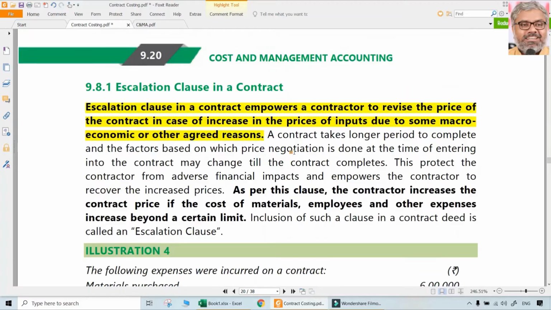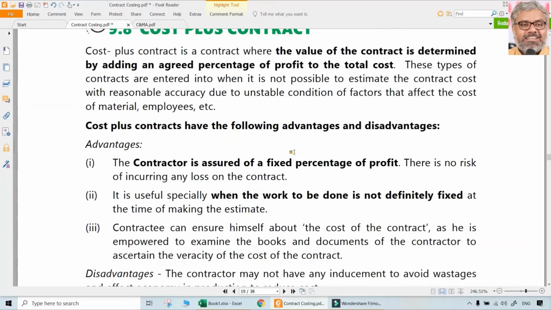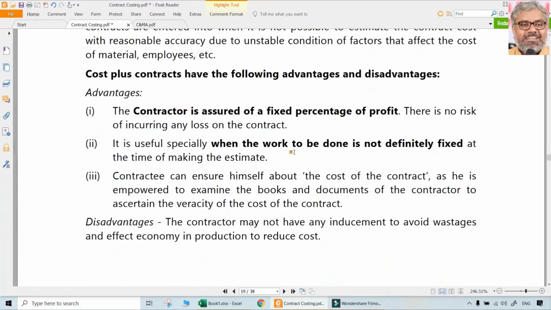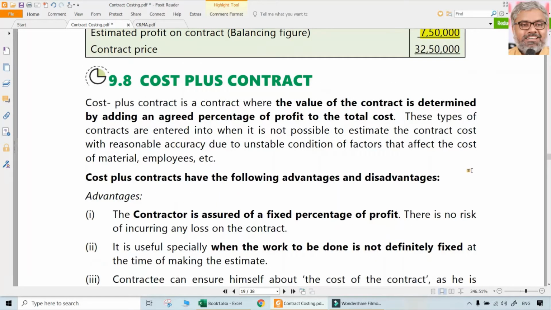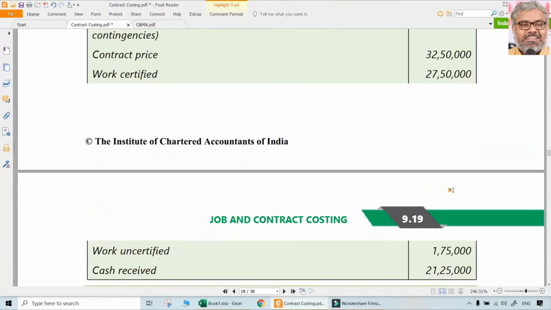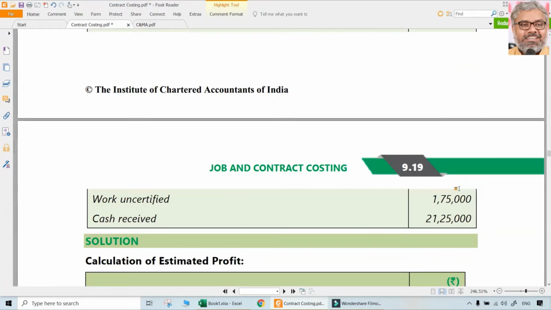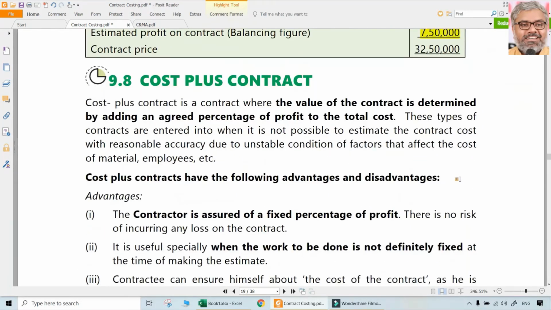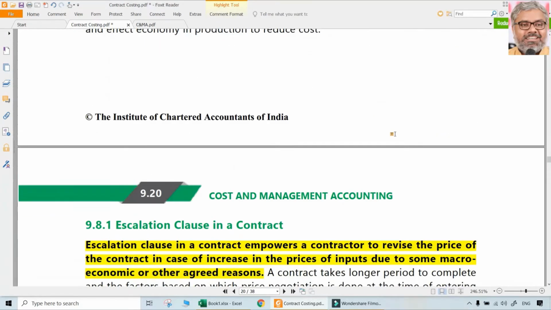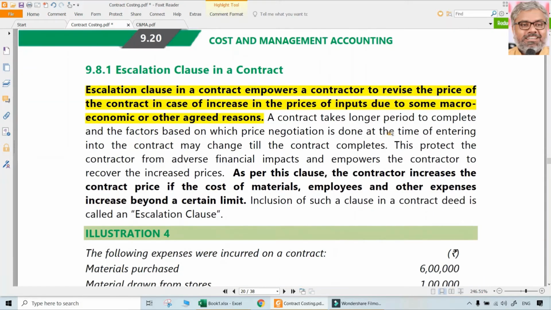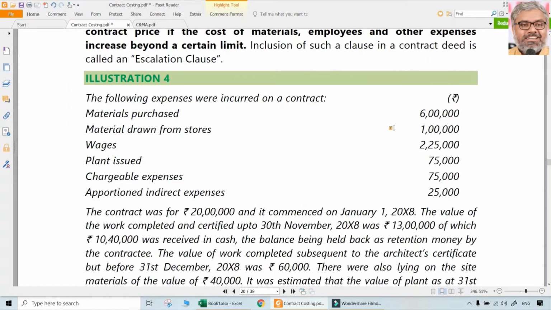So according to their contract, according to the agreement between them, we have to apply those clauses if there are any. Normally, if it is a fixed price contract, then there is no change in that. Or there could be a cost plus contract also, wherein the real cost that is incurred will be calculated and the contractee will pay a percentage of profit over and above the cost to the contractor.